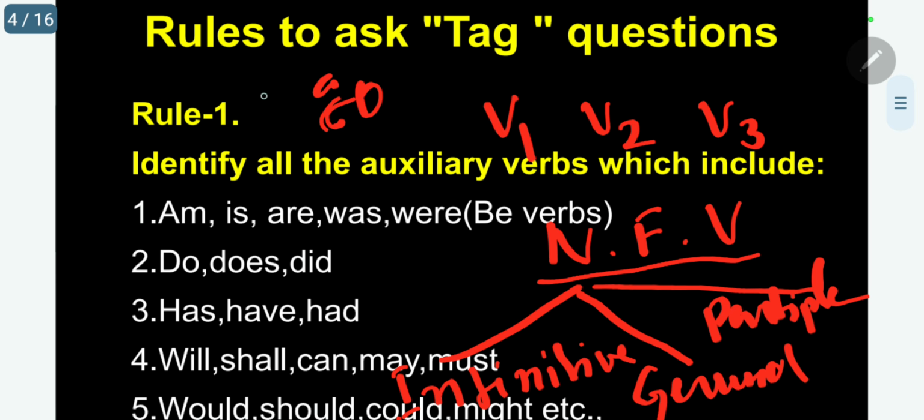So if I put "to" in front: to go, போவதற்கு; to walk, நடப்பதற்கு; to talk, பேசுவதற்கு. The verb, that is infinitive, comes under non-finite verb. முற்றாவினை, வினை முற்றவில்லை, முடியவில்லை.